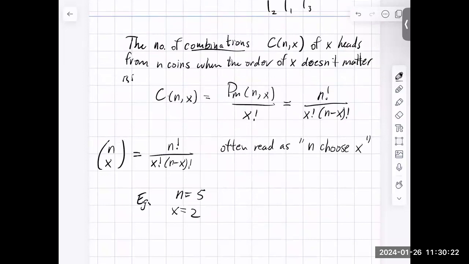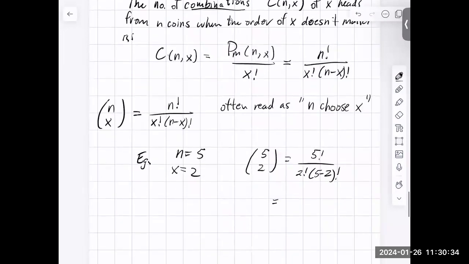And so that's going to be 5 choose 2, which is 5 factorial divided by 2 factorial times 5 minus 2 factorial, which is 5 times 4 divided by 2. So this is going to be 3 factorial, so we divide out the 3 times 2 times 1. And then 2 factorial is just 2 times 1. And so this indeed is the 10 that we were expecting to get.